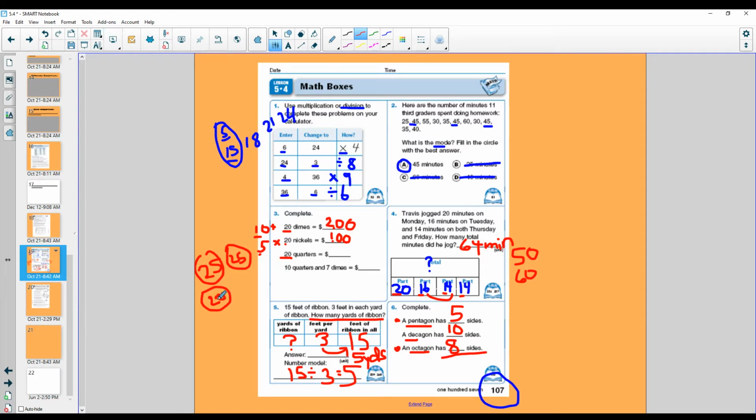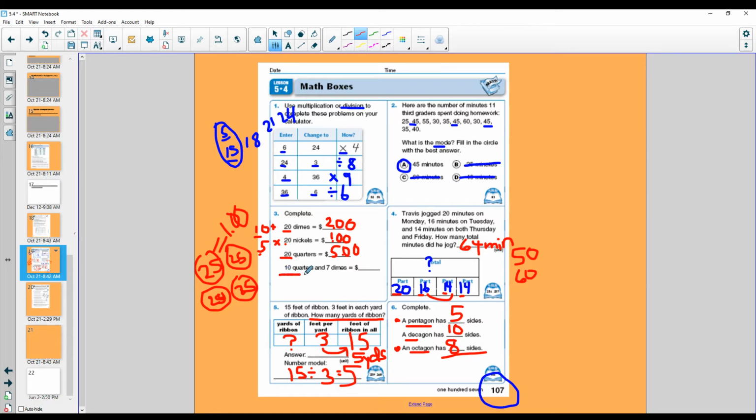So 25 cents. So here's $1, okay? And that's 4. So how many times do you have to count by 4 to get to 20? 5 times, because 5 times 4 equals 20. So you would have $5.